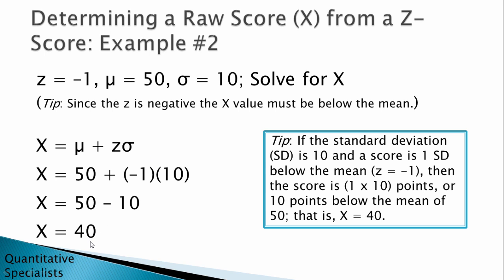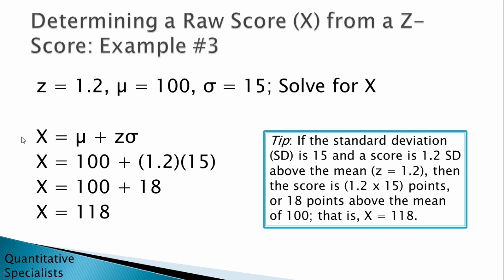Okay, in our last example here, we have a z of 1.2, a mean of 100, and a standard deviation of 15. Using our formula once again, our mean is 100, and we have a z of 1.2, and then once again standard deviation of 15. So that gives us 100 plus 18, or an x of 118.